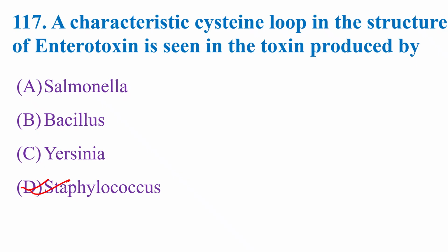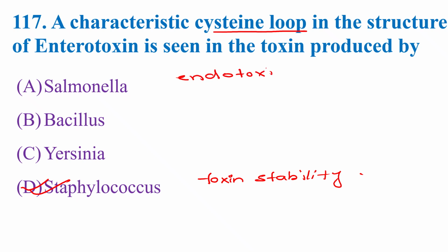So this forms a cysteine loop structure, and this loop is important for toxin stability and superantigen activities like causing food poisoning symptoms, whereas Salmonella produces endotoxin, meaning no cysteine loop in the enterotoxin.